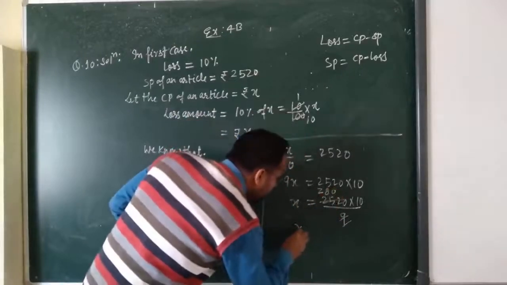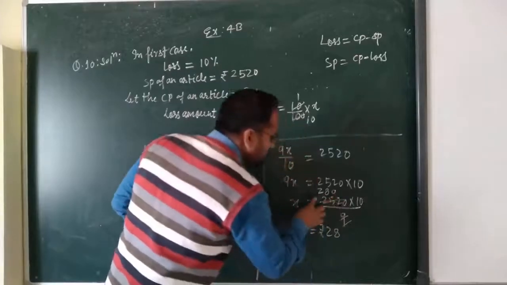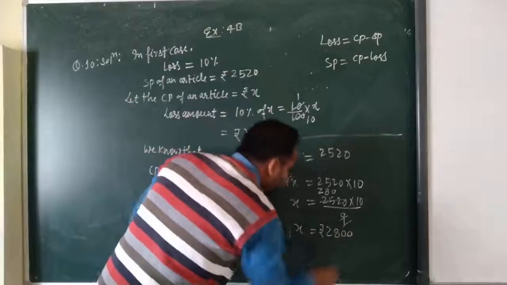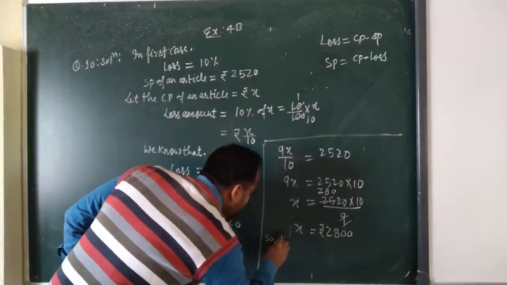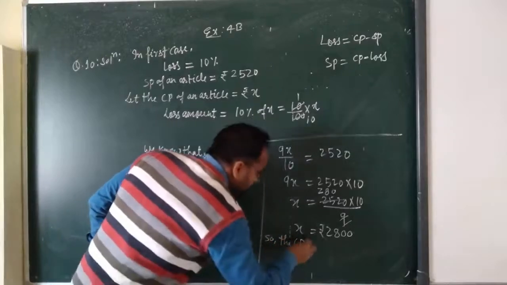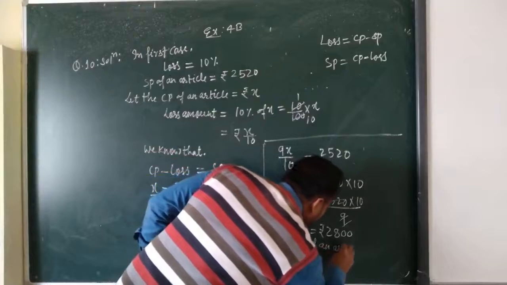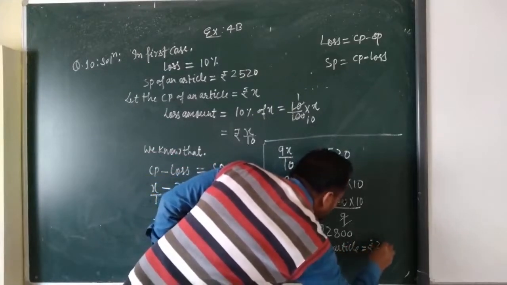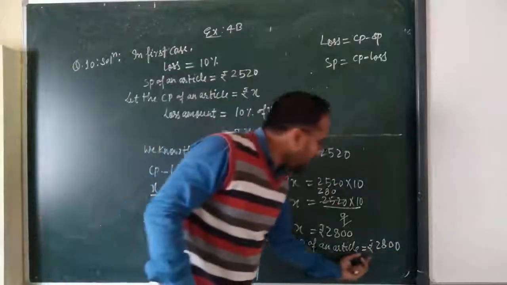We get x is equal to rupees 280 multiplied by 10, which is 2800. This is the cost price. So the cost price of the article is rupees 2800.